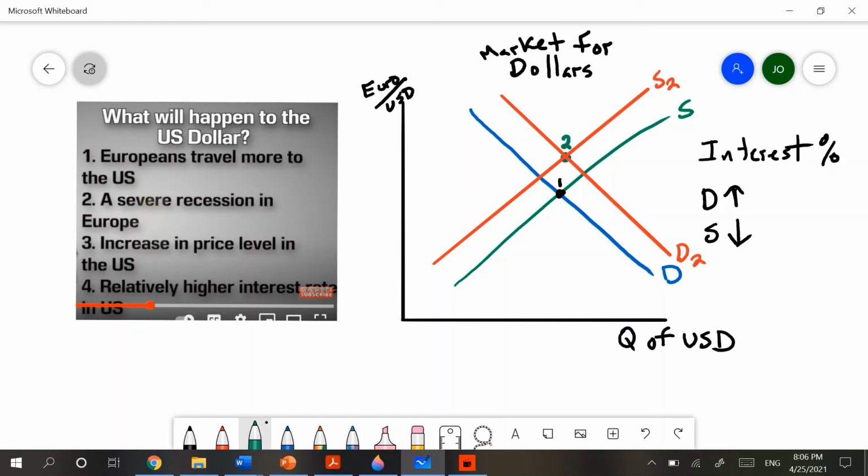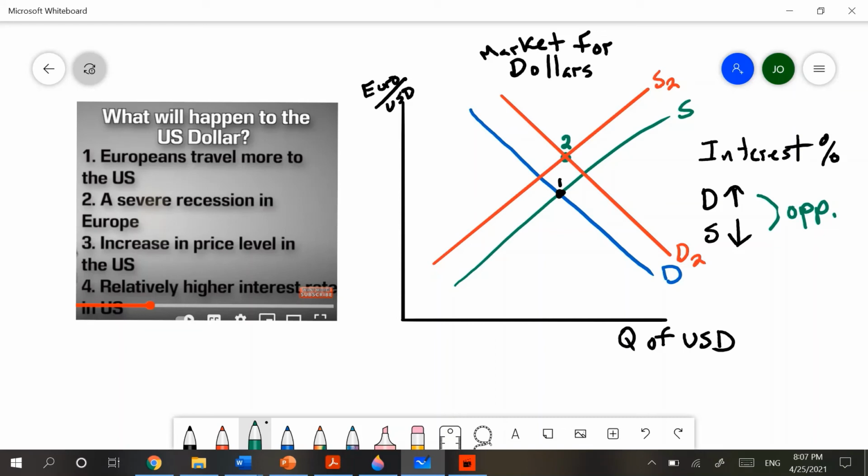Now this goes back to something we learned about with supply and demand. When we have double shifts, there's only one variable that we know is going to change, right? And so these are opposites. These are opposites, right? So we know that when we have opposite shifts, that means that demand and supply are going in different directions.